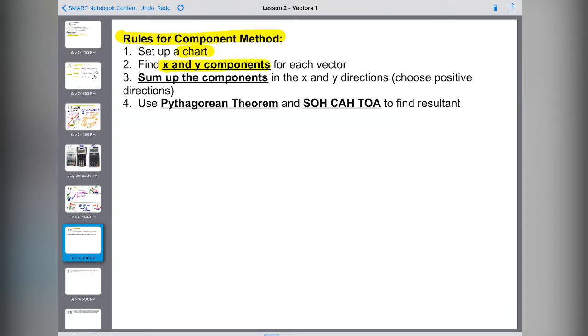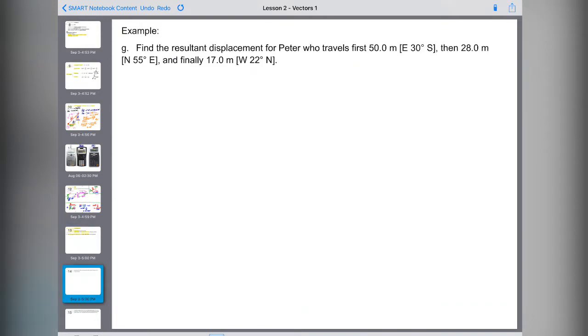You find the xy components for each vector, then you sum up the components along the x and the y, and then you finally use the Pythagorean theorem. I personally find the algebraic method a bit easier if there are two vectors, but anything more than two, if you have 3 or 4, it's probably faster to use the component method.